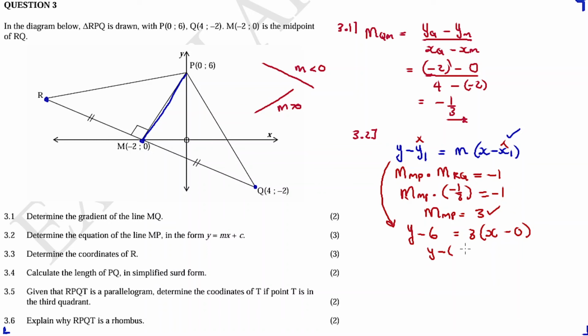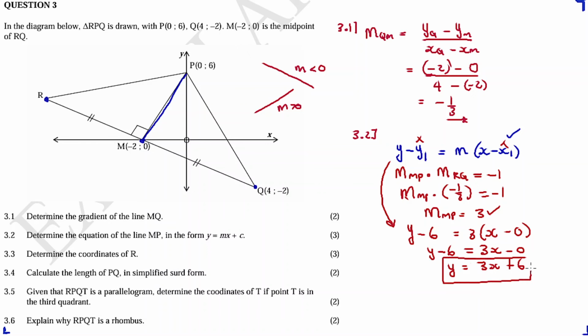So y minus 6 is equal to 3x, and then the 3 multiplying with 0, that's minus 0. Bring the 6 over, plus 6. y is equal to 3x plus 6. The 0 is gone. I'm not going to worry too much about the 0, it just disappears because minus 0 plus 6 is actually 6.